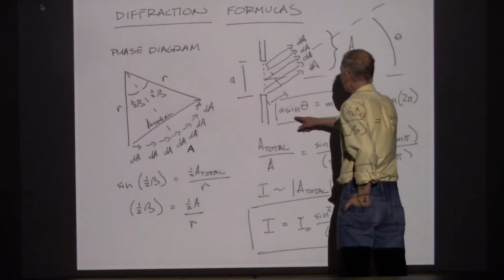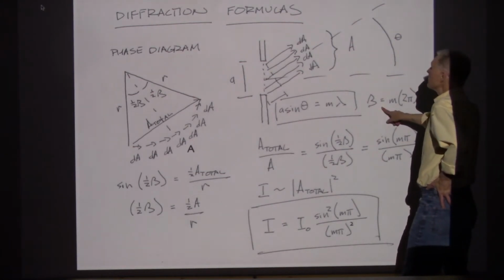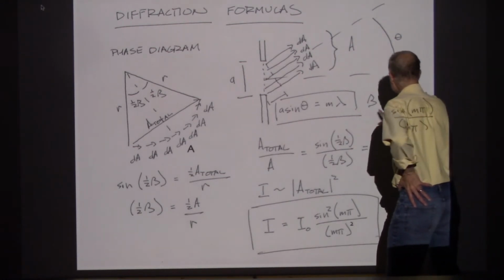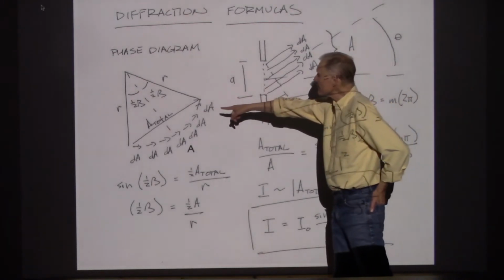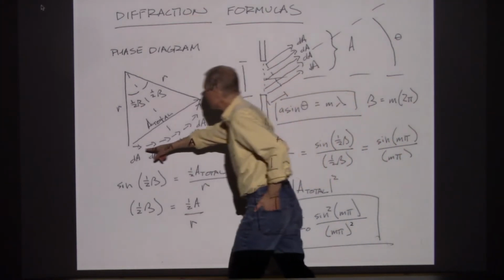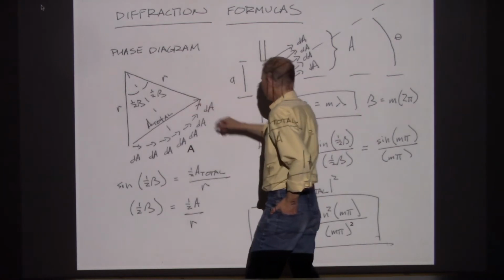And so what we end up with from the D sine theta equals m lambda, the beta here, the difference in the phase, is going to be m times 2 pi, where m is the number of cycles, and 2 pi is how many radians we have per cycle. Now, how big is the A total compared with A, where A is adding up all the individual paths together?